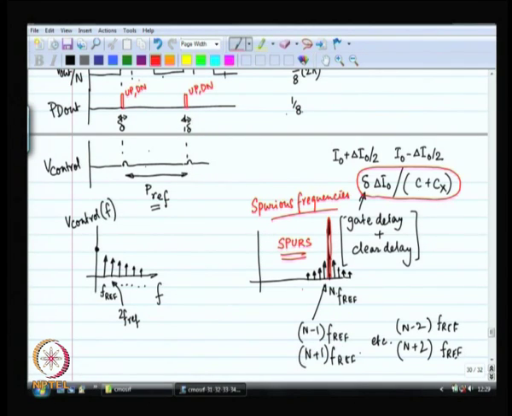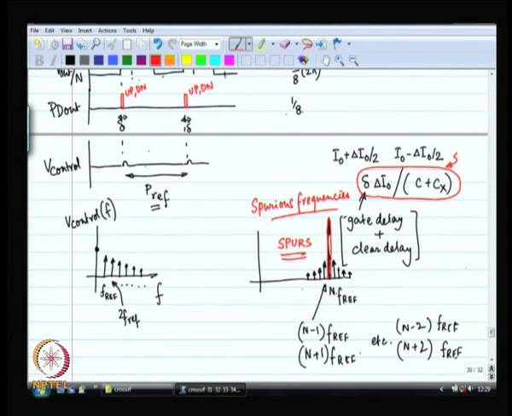Now, notice over here, how can I reduce these tones? I can get rid of the tones by making the delay equal to 0, okay, not possible. I can get rid of the tones by making delta I naught equal to 0, mismatch, not possible. I can get rid of the tones by increasing C plus Cx.